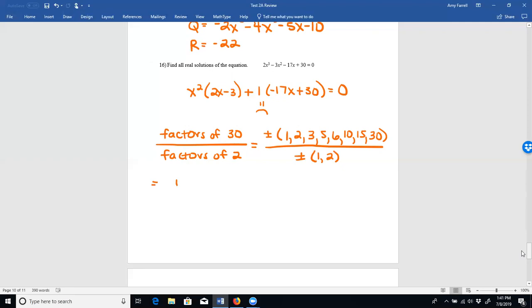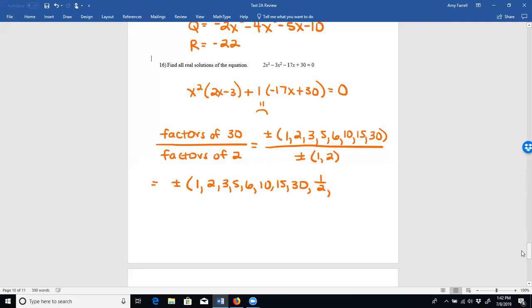So our possible rational zeros are, I'm going to take the numbers in the numerator and put them individually over the numbers in the denominator. So we've got plus or minus 1, 2, 3, 5, 6, 10, 15, 30, 1/2.